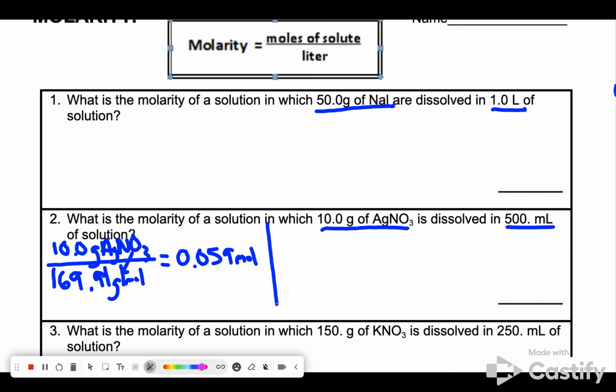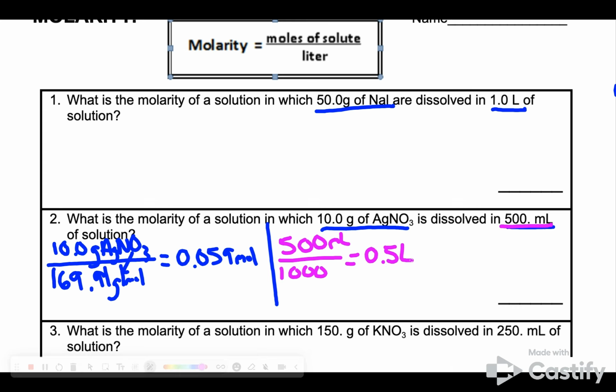My second step, I need to take my 500 milliliters and change it to liters. So to do that, it's 500 milliliters divided by 1,000. And that's going to give me 0.5 liters. Awesome. So now I can go up, and remember this is our equation up here. Molarity equals moles divided by liters.